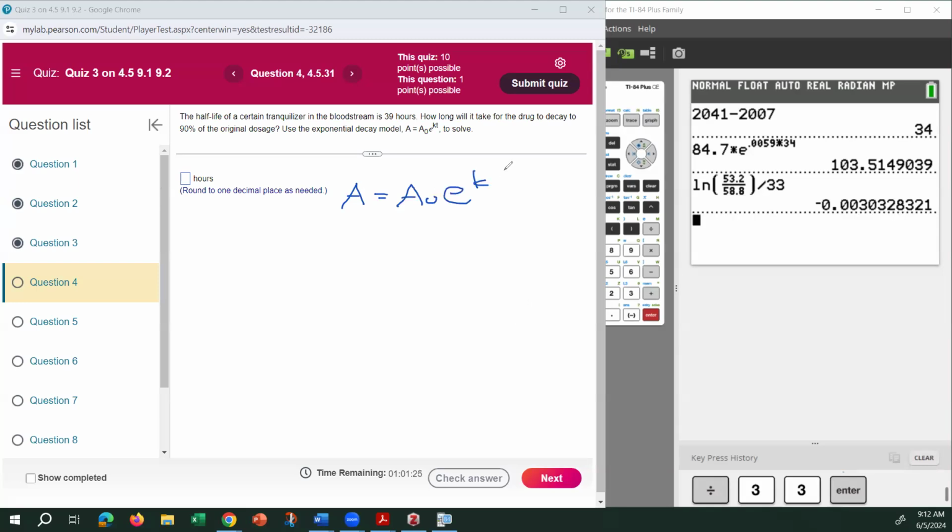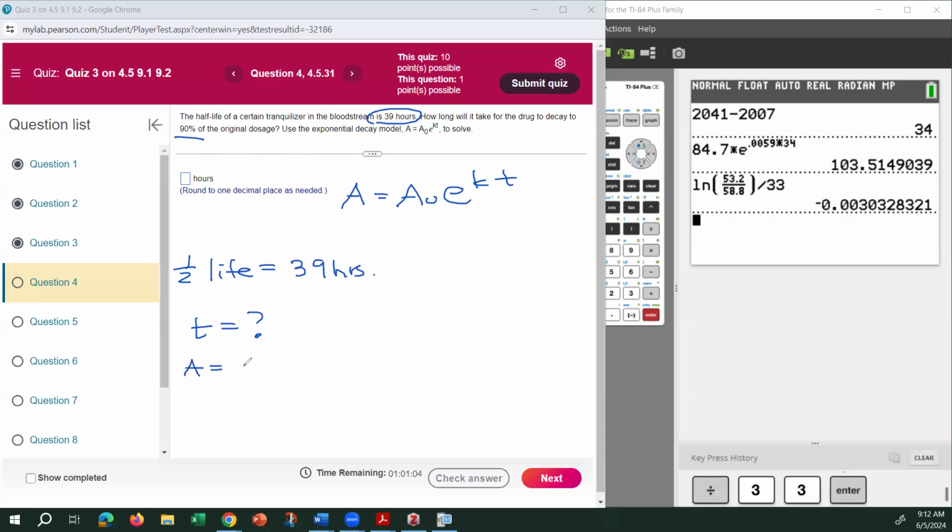Okay, so it says the half-life of this tranquilizer is 39 hours. And then it says how long, so we need to find T, how long will it take for the drug to decay to 90%.